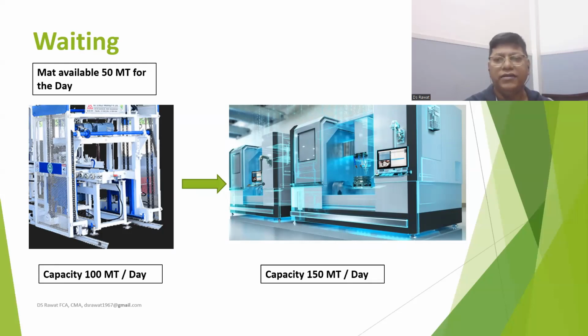The second machine will remain idle because the input is 100 metric ton and it is capable of making 115 metric ton. Therefore, for some hours it will be shut. What does it mean? It means capacity is not balanced. If capacity is not balanced, this type of thing will occur.